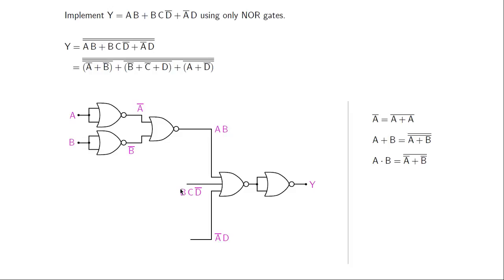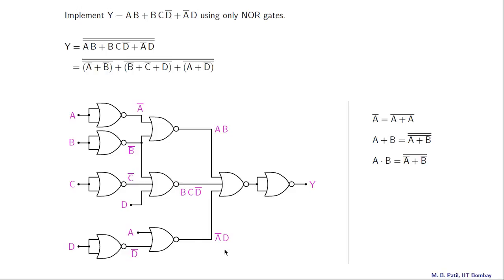Now these terms can also be similarly implemented, like that, and you can check that out. So that completes our implementation of the logical function y using only NOR gates.